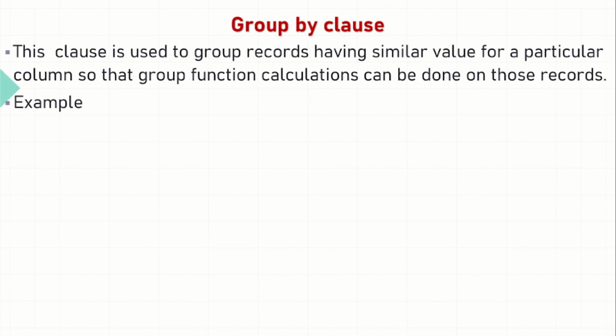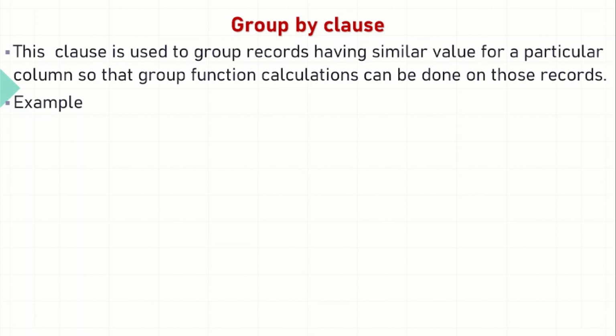The particular column is called course. I want to group students based on course, clear? So that group function calculations can be done on those records. So first of all, grouping will be done, then calculation will be done afterwards, right?